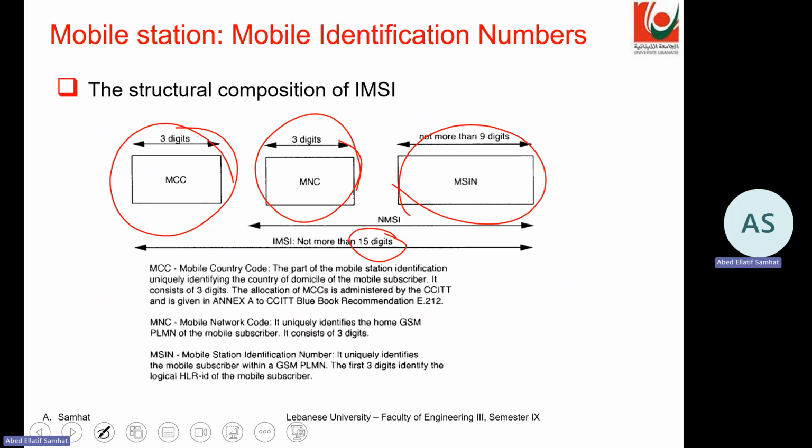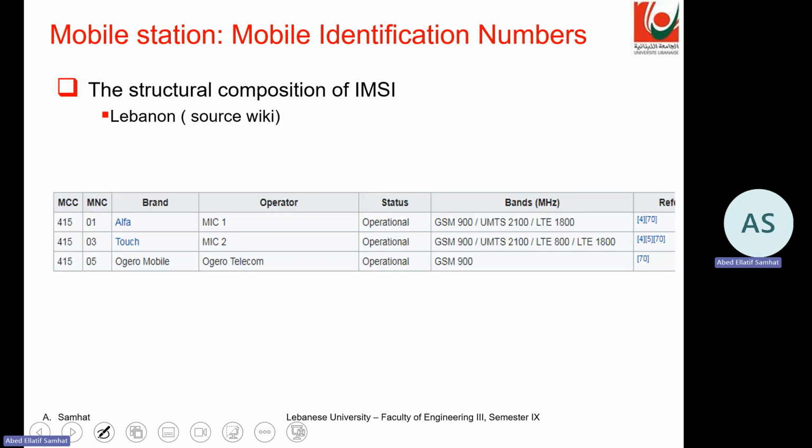For example, the country code of Lebanon is 415. The mobile network code for Alpha is 01, for Touch is 03, and the operators are known as MIC1 and MIC2.